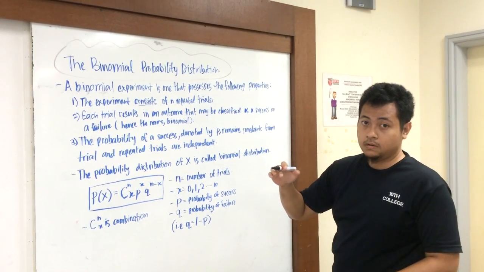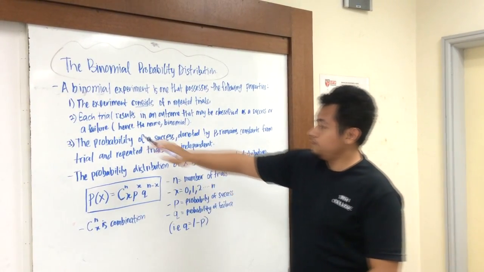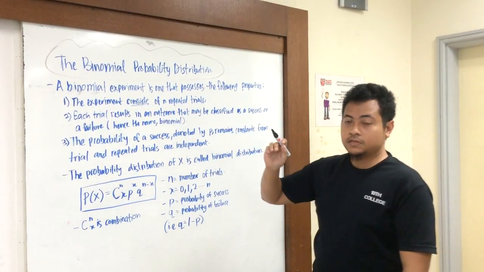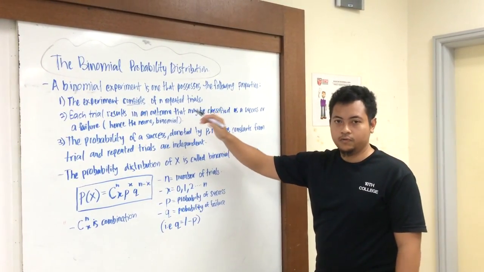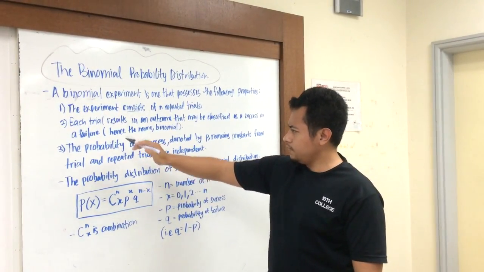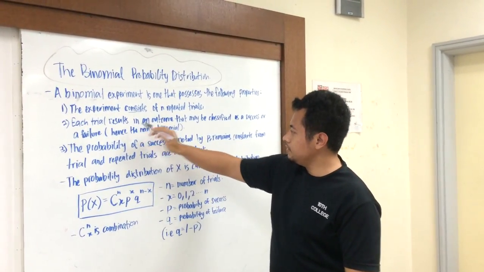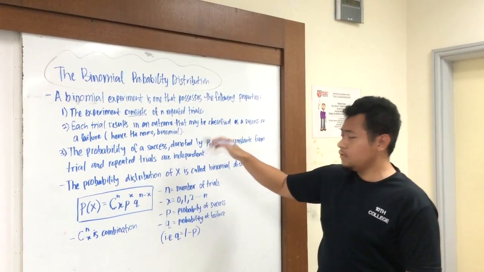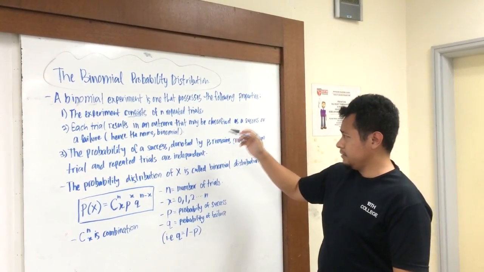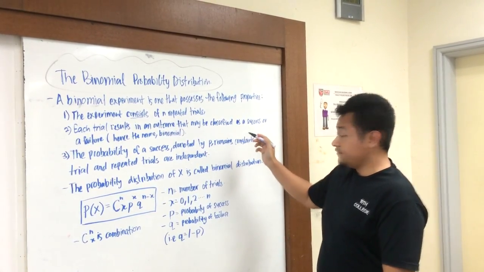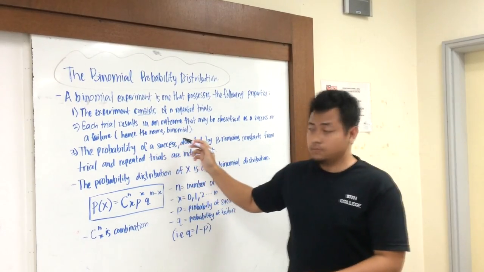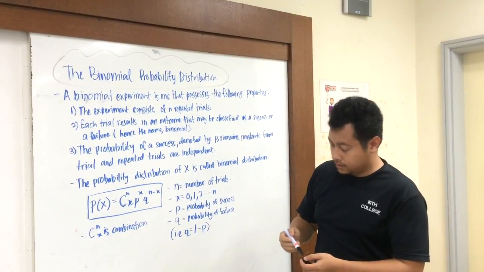For the first property, this probability distribution consists of n repeated trials, and for each trial the outcome is classified as a success or failure, hence the name binomial.